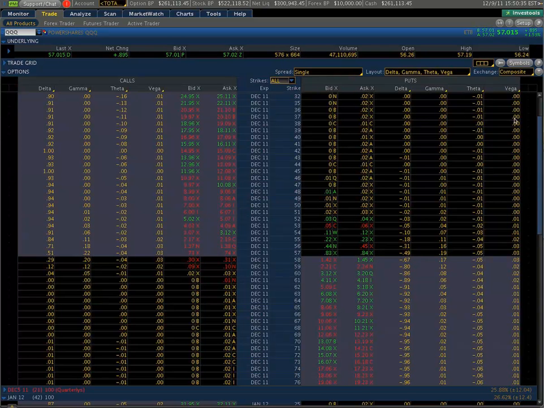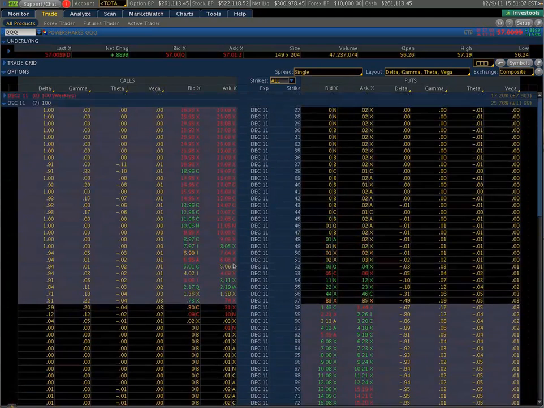As you get out of the money, the vega becomes much smaller, and as you go deep in the money, the vega gets smaller as well. And what volatility does is measure the potential range in which this security will trade until expiration.